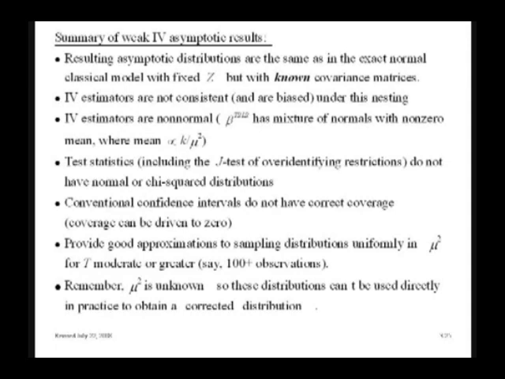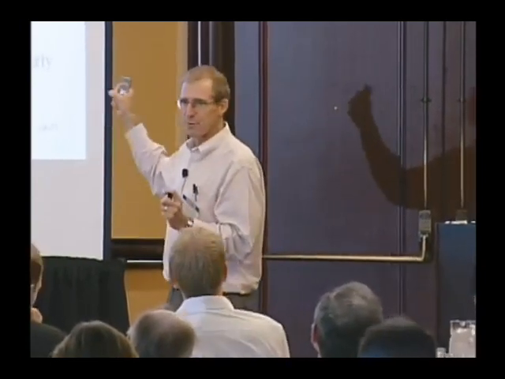It's important to emphasize that the reason we're using this asymptotics is because it provides a good approximation. These implications provide good approximations to what happens in empirical practice when you have weak instruments.